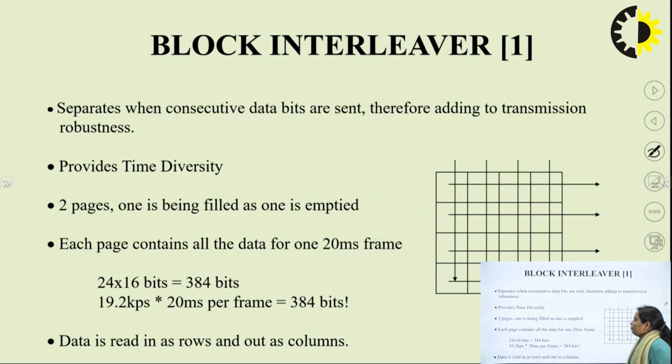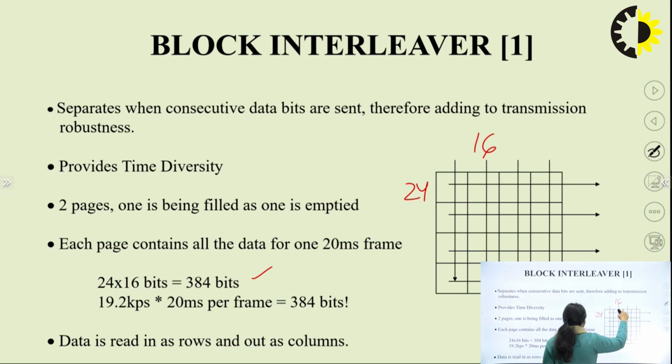The next block described is the block interleaver, and I have told you that it is a kind of matrix, where there are 24 rows and 16 columns, and at the crossing of each of these points, there are 384 bits in total.